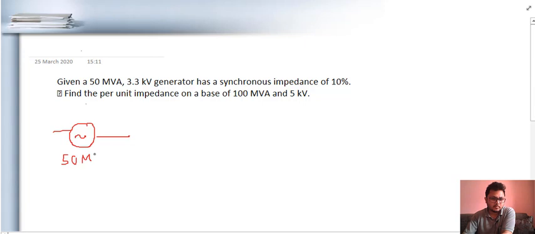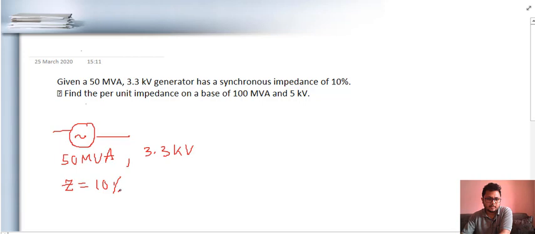So 50 MVA generator, and voltage is given how much? 3.3 kV. Its impedance Z is given as 10%. Find the per unit impedance on a base of 100 MVA and 5 kV. Now you see, old values are given and new values you have to calculate. Now how to calculate?